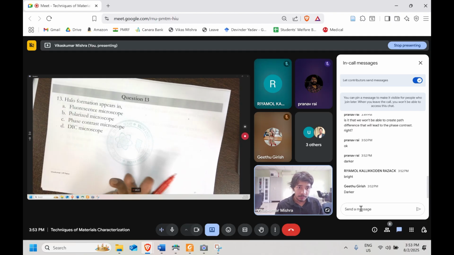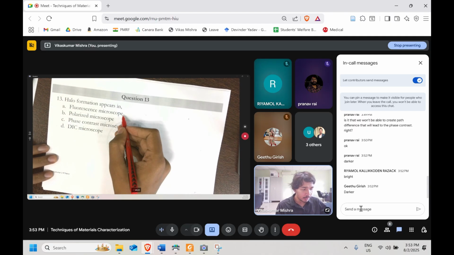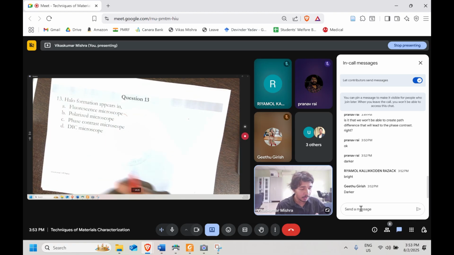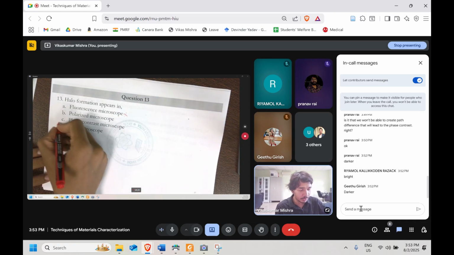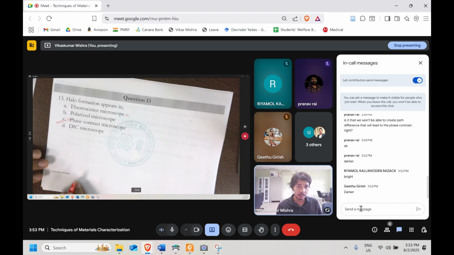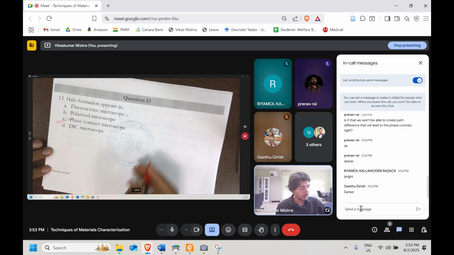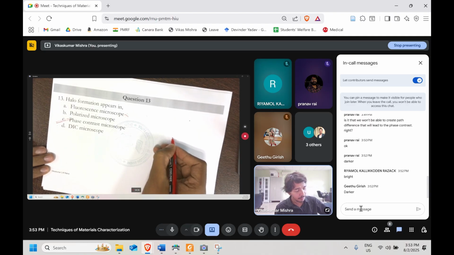Halo formation, we have just talked about it. We talked about this in phase contrast microscopy, not fluorescent microscopy, and halo formation happens in phase contrast microscopy only.